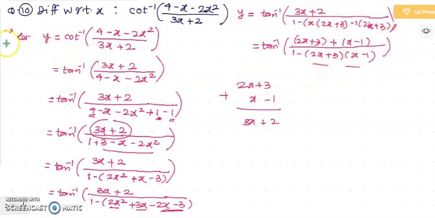So we converted this original expression, cot inverse of something, into tan inverse of something. Then we even wrote this as tan inverse of x plus y divided by 1 minus xy.